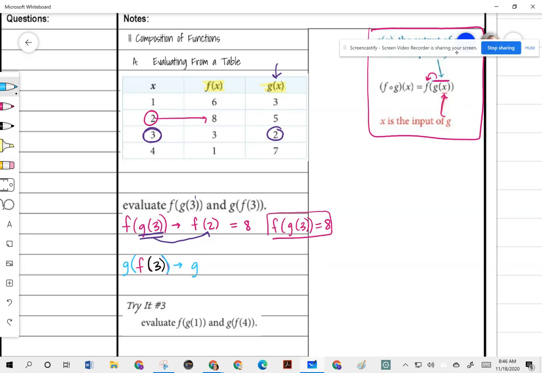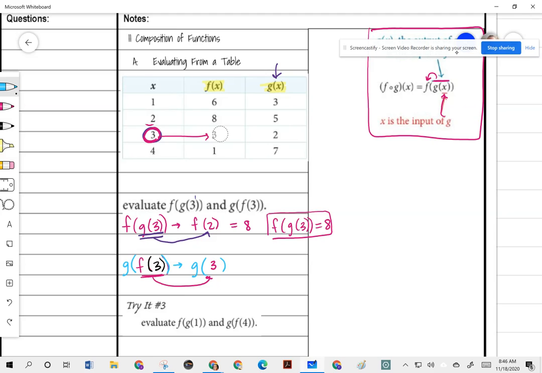So when we evaluate f of 3, f of 3 is going to go here. And so I'm going to circle f of 3. When x is 3, f is going to also be 3. And then now I am supposed to take g of 3.